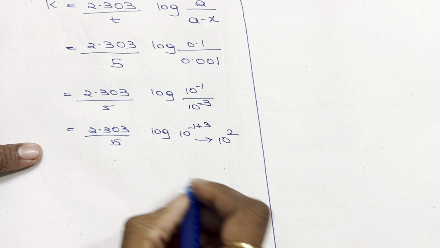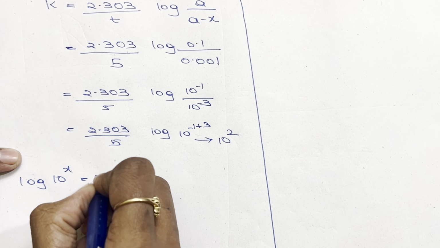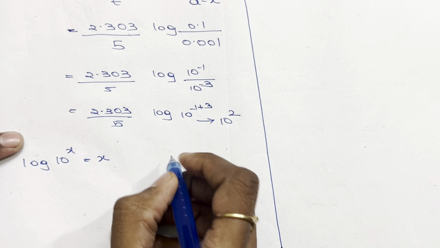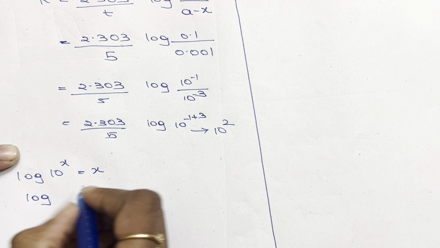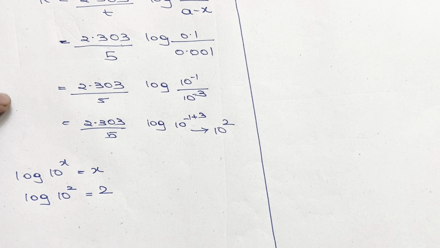We know that log of 10 to the power x becomes x, so log of 10 to the power 2 is actually 2.